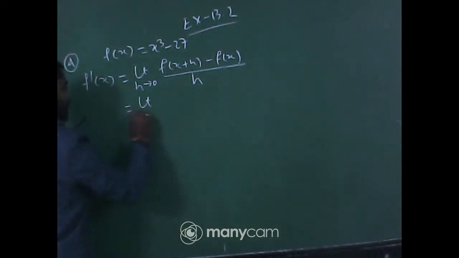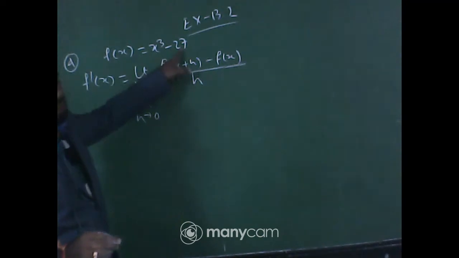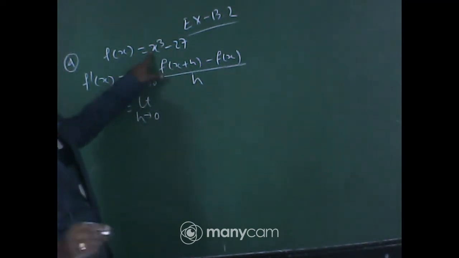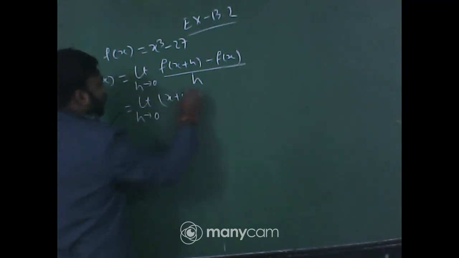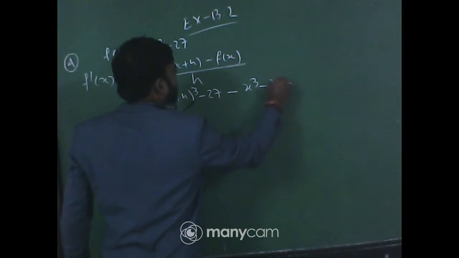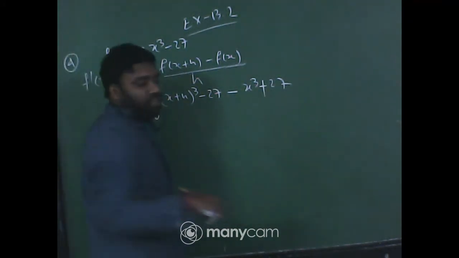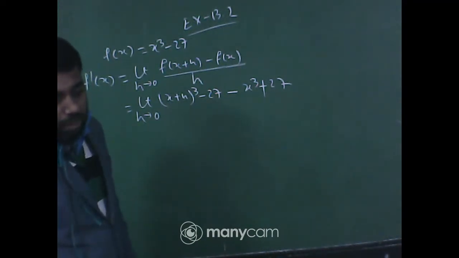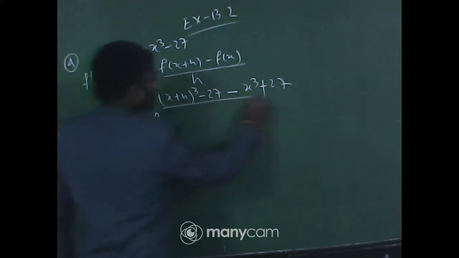If f(x) equal to x cube minus 27, put x plus h in here: x plus h whole cube minus 27, and f(x) equal to x cube minus 27. So that minus and that minus will be changed into plus 27. Next, by h.